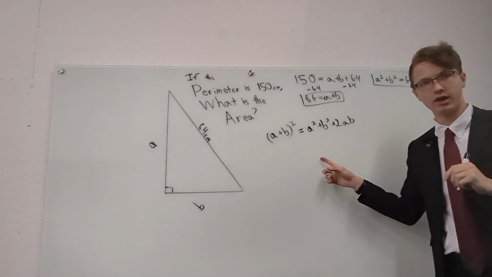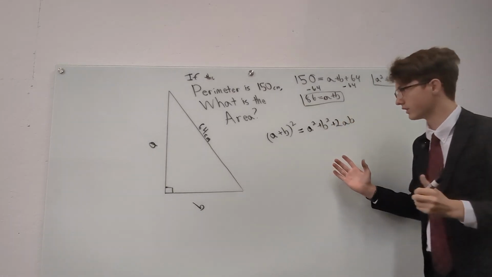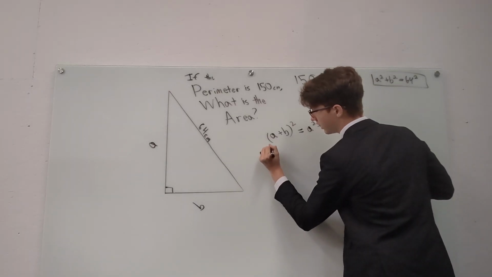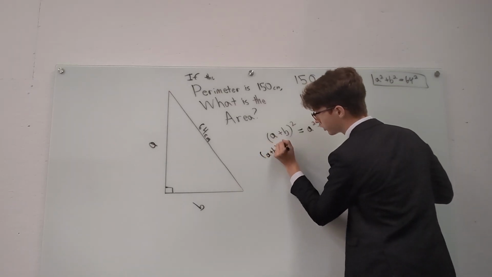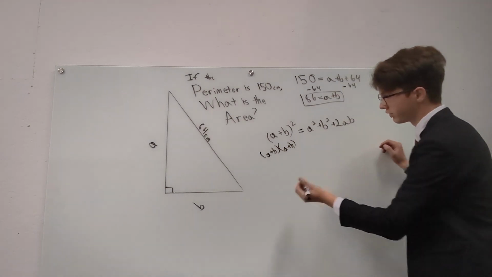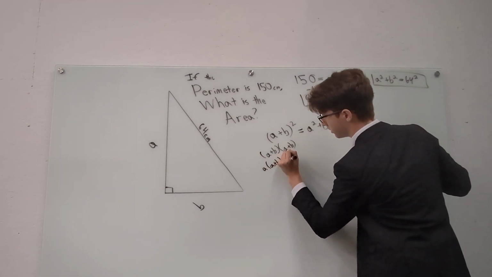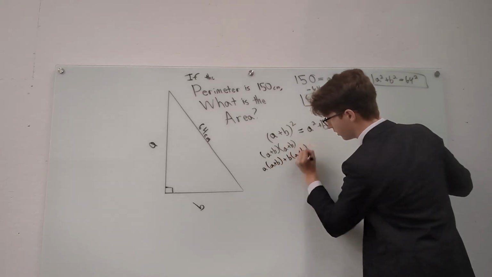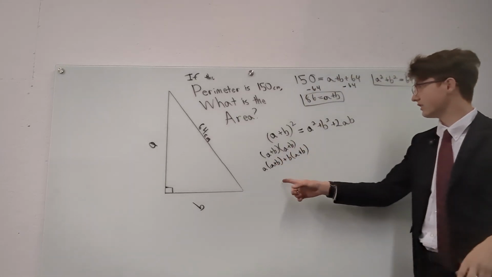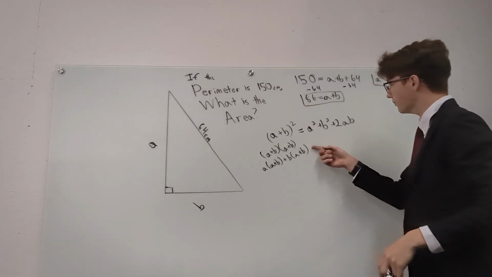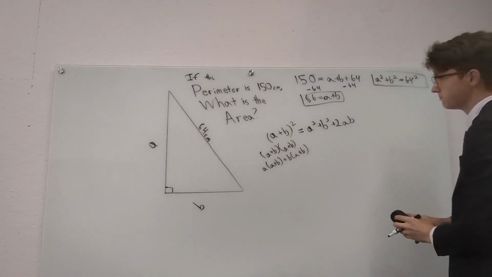If you haven't learned exactly how to do this, just look at it squared: A plus B multiplied by A plus B. Also, another way to write that: A times A plus B plus B times A plus B. You can just expand that out. It does equal this if you want to double check, but this is just binomial expansion.